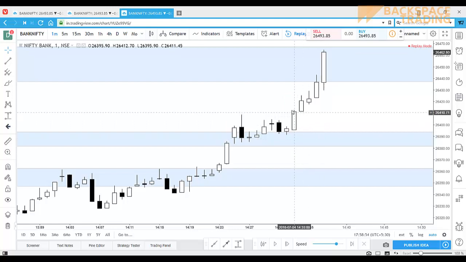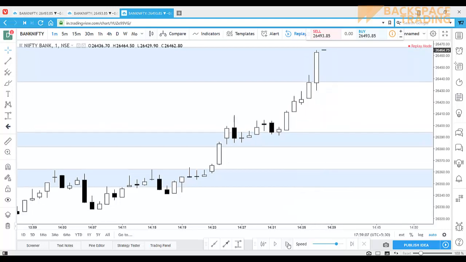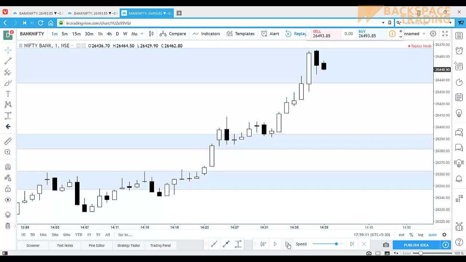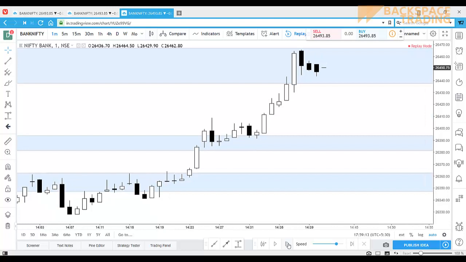But the igniting candle itself is very small, but the candle shown here at the resistance is very big. I really doubt it, and my doubt is getting accepted.